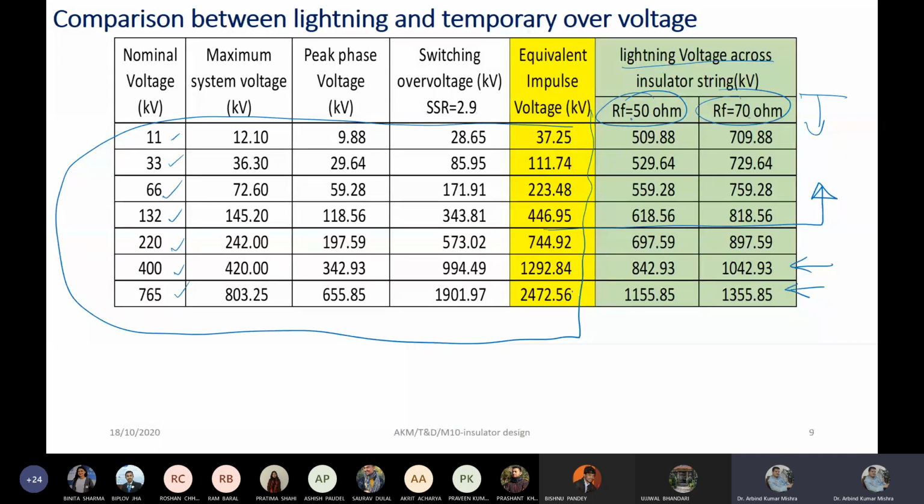What you can see here is that if our system voltage is 400 kilovolt, the maximum lightning overvoltage could be this, maybe around 1000 kilovolt. But the equivalent impulse voltage for switching is lesser than this, while its equivalent lightning is greater than this.